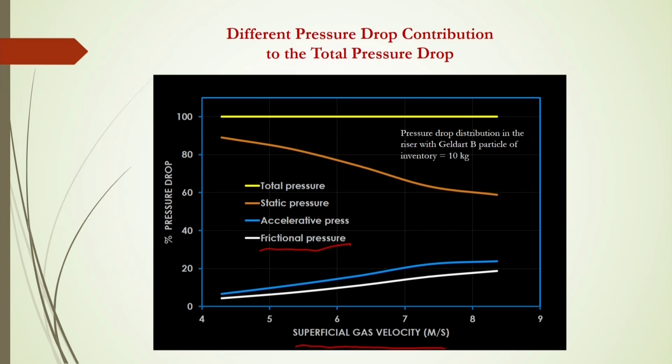If the superficial gas velocity increases, of course the voidage will increase, and the solid load, the solid head, will decrease.